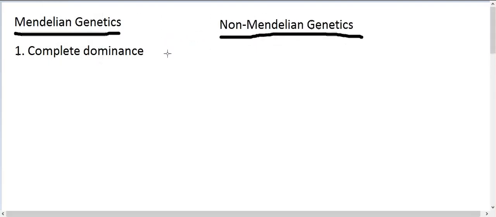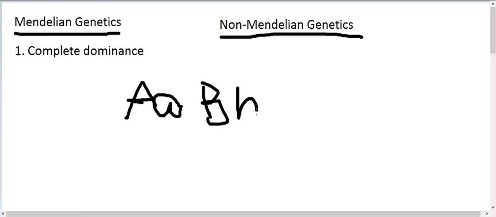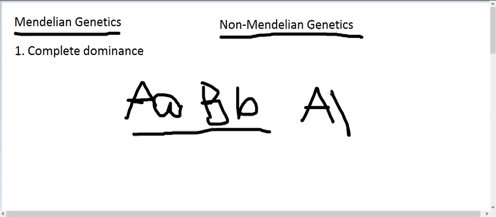Okay, so with Mendelian genetics you usually get complete dominance, where let's just say you have something like big A, small a, big B, and small b. For the individual that has this genotype, the phenotype is big A, big B, whatever those are for the genes.